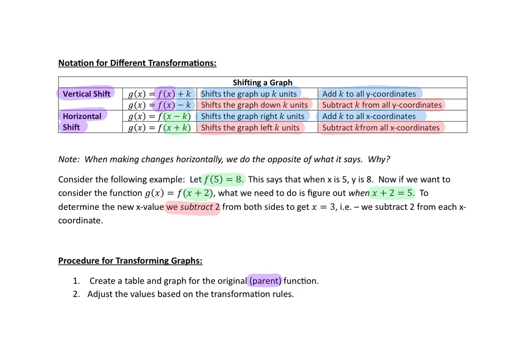From there, we want to adjust the values based on the transformation rules. As we go through these problems, I'm going to be making notes off to the side, and I do recommend doing this on your own because it helps you sort through what we're doing. Okay? All right. Let's start looking at some problems and see how this works.